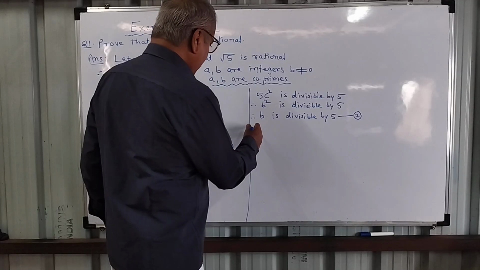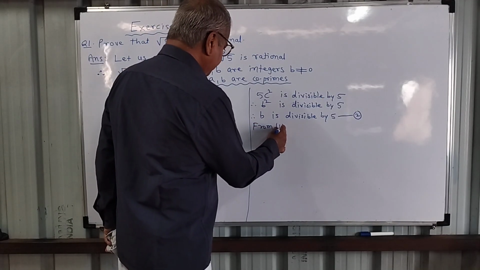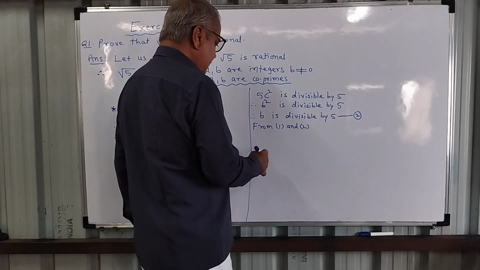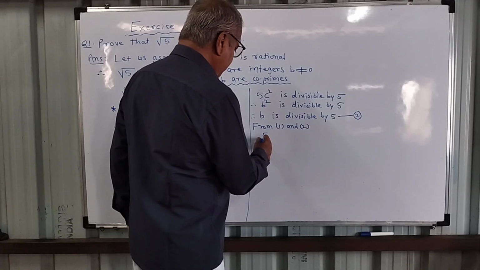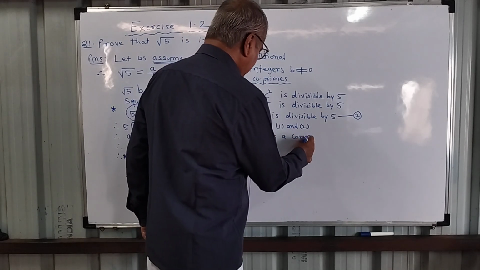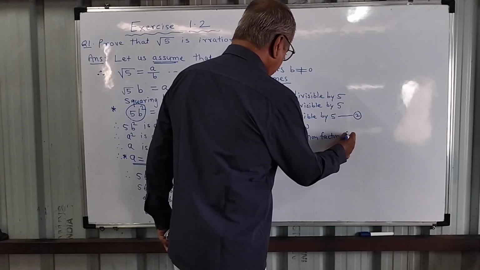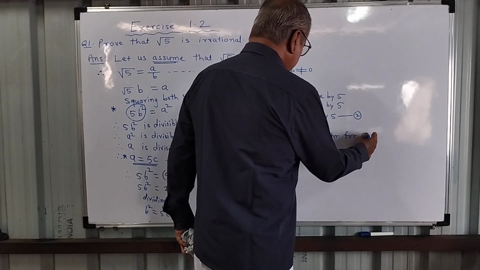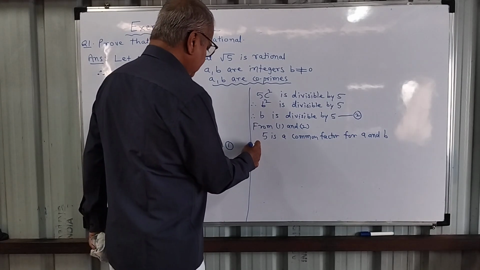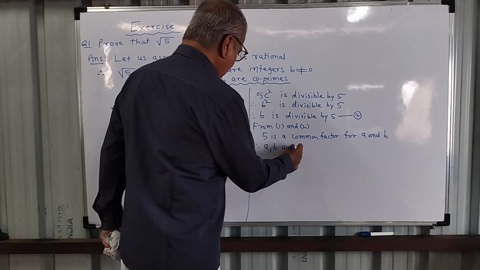So here we have to write from statement number 1 and statement number 2. We can write, 5 is a common factor for A and B. Therefore, A comma B are not co-primes.